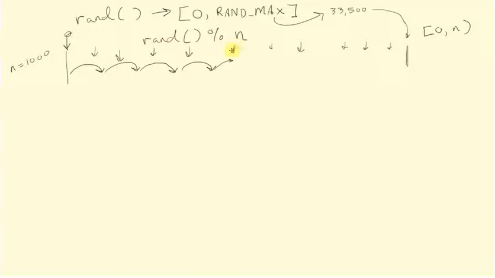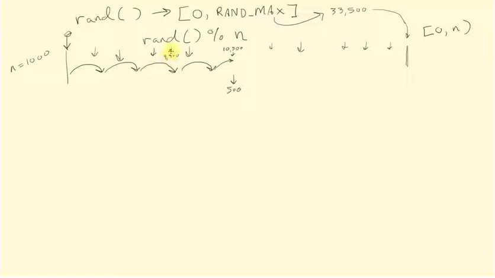So, if we're looking at something like this, let's say the number that was dropped by rand was 10,500, then the modulus that comes through is 500, right? If it's 4,900, of course the 4,000, this would actually be 2,900, but it's just for show.